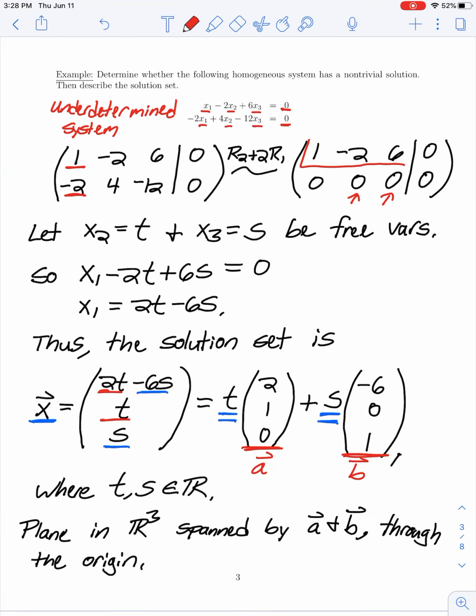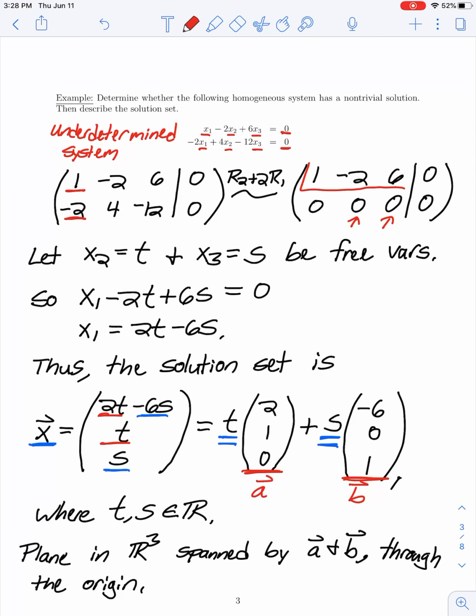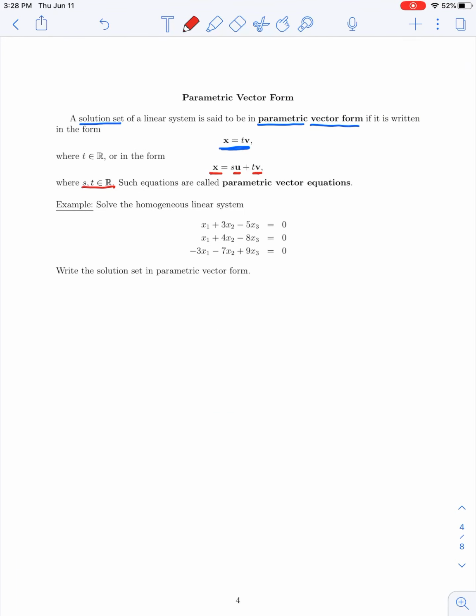So we saw that sort of solution set in this last example. X was a linear combination of these two vectors A and B, where S and T were taken to be any real numbers or free variables. So these sorts of equations are what are called parametric vector equations for a solution set.